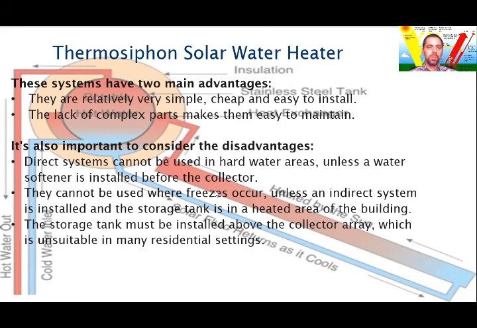They cannot be used where freezes occur unless an indirect system is installed and the storage tank is in a heated area of the building. The storage tank must be installed above the collector array, which is unsuitable in many residential settings.